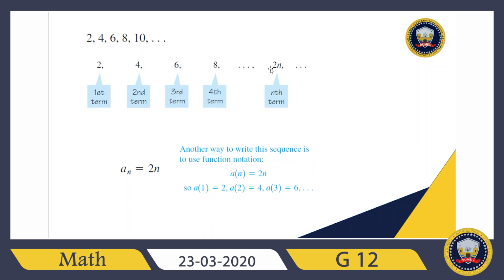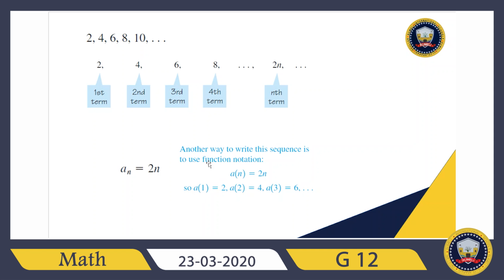So we can use the notation an, the term of index n, equals 2n. Why? Because each one of these numbers we can find by taking 2 and multiplying it by the index of this term. In this case, this 8 is 2 multiplied by 4, and so on.